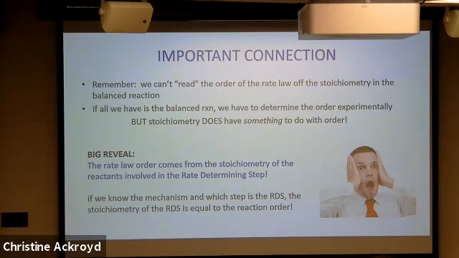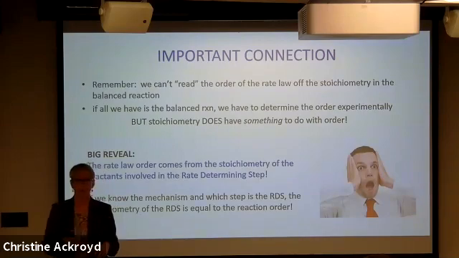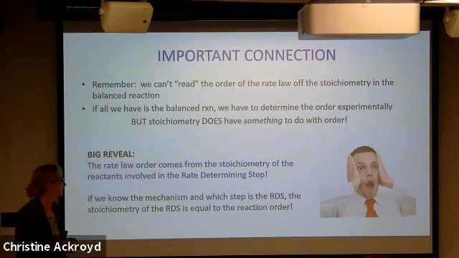So one of you, I think on the last reading quiz, asked me the question: I know that the stoichiometry of the reaction doesn't determine the order of the reaction, but how come sometimes the stoichiometry is the same as the order of the reaction? Well, this explains it.